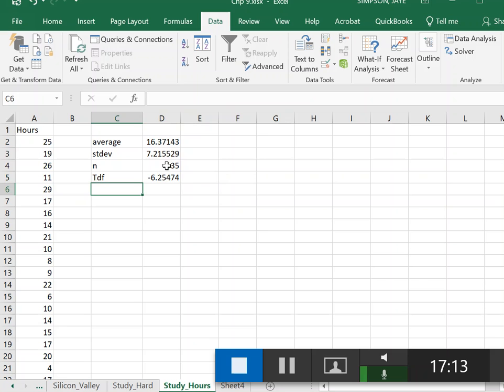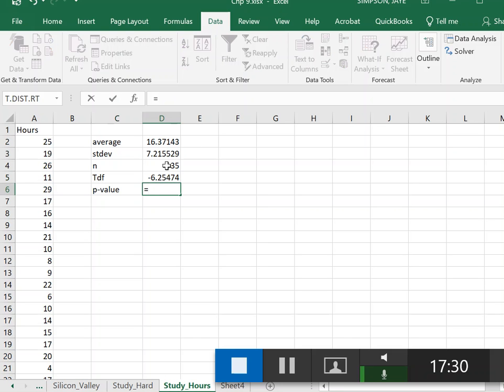And so there I get my t-value of negative 6.25474.